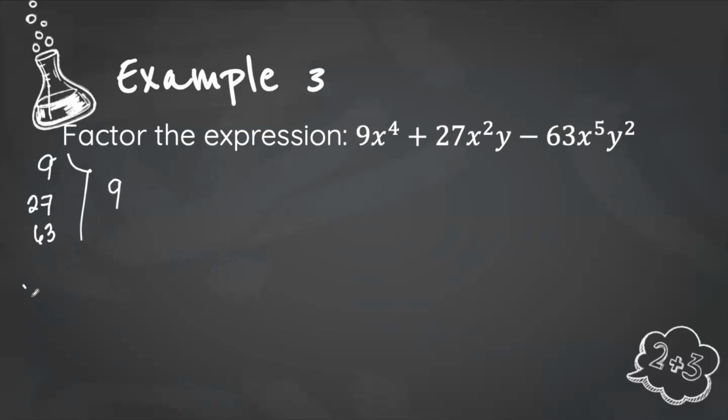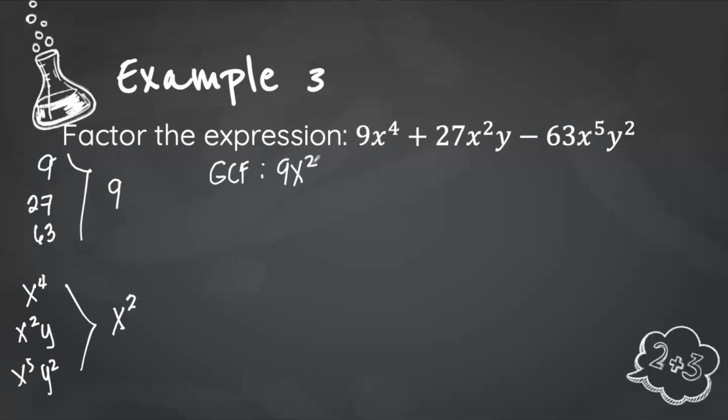The variables are x to the fourth, x to the second y, and x to the fifth y squared. The only shared variable of the three terms is x, and the lowest exponent of x will be 2. So the GCF of this expression is 9x squared. Now let's divide.